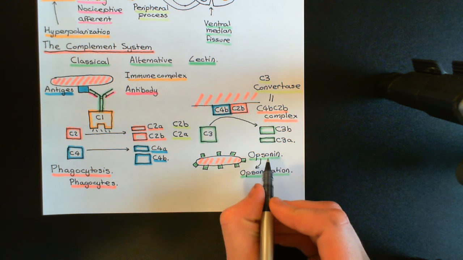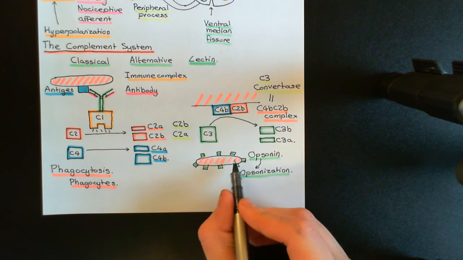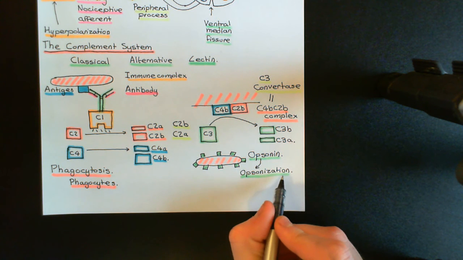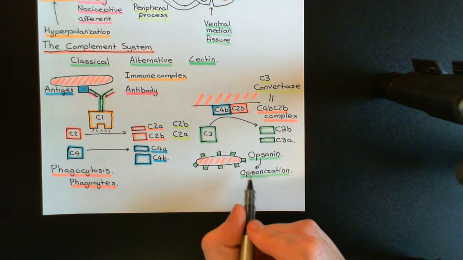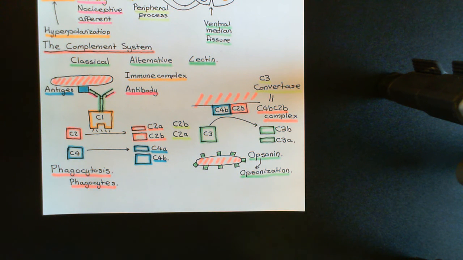An opsonin is a molecule which promotes the phagocytosis of the pathogen that it's bound to, and the process of promoting phagocytosis of what you're bound to is known as opsonization. It's often compared to making the pathogen taste beautiful.